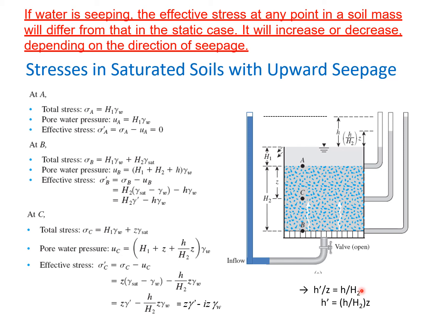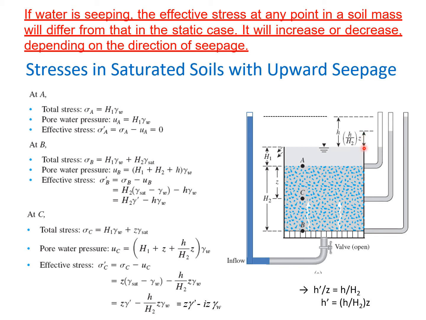If we consider the flow from point C to A, what is the length of flow in that case? That is Z. And what is the head loss from C to A? You can see that this is the level of the piezometer tube corresponding to point C, and this is corresponding to point A, and let's say this one is h dash.